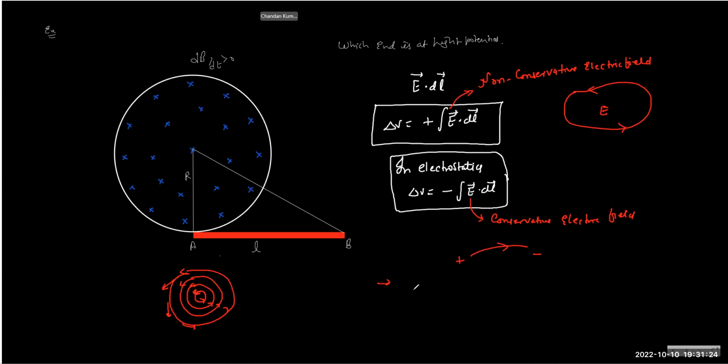To understand which end is at high potential, you can choose any element and then just check the electric field at that point.